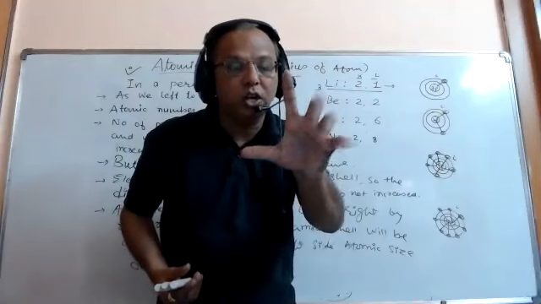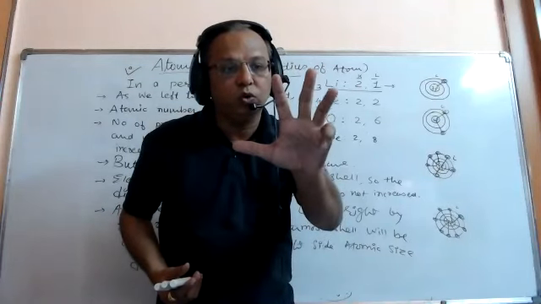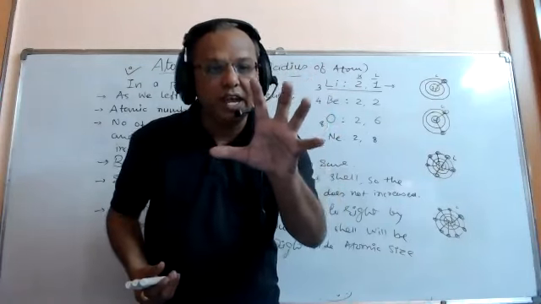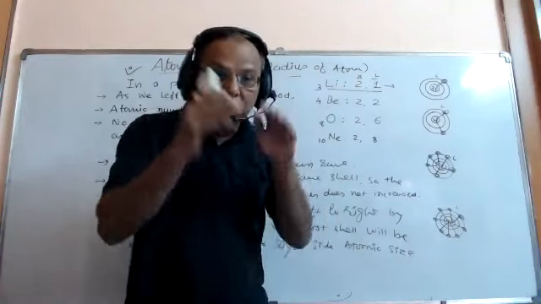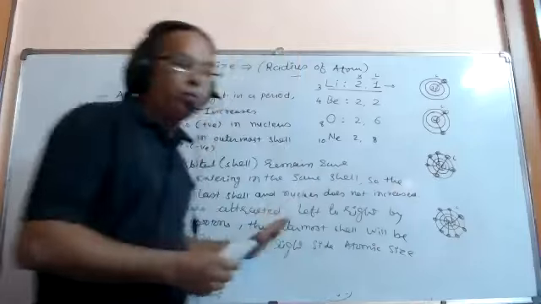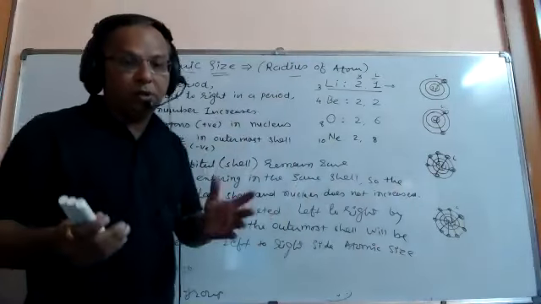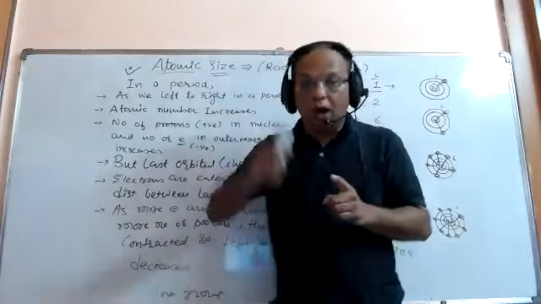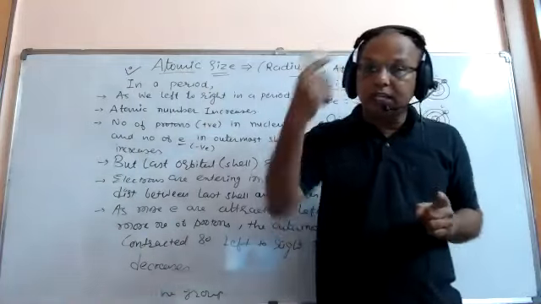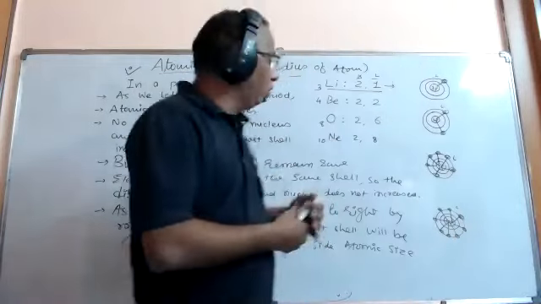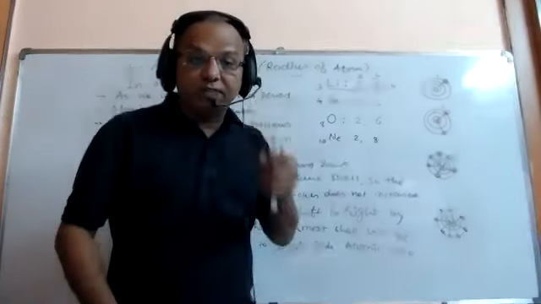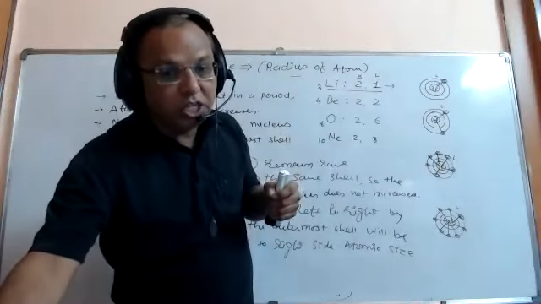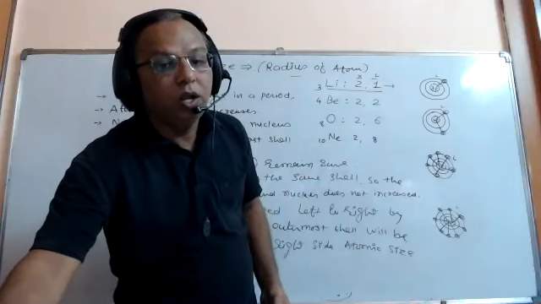This is the original, suppose 1, 2, 3, 4, 5, and the cell will be contracted a little more. Due to this contraction, friends, the atomic size decreases. So you have to remember, as we go down the group, atomic size increases, and as we go left to right in a period, atomic size, friends, decreases. This is equally applicable to all without fail.